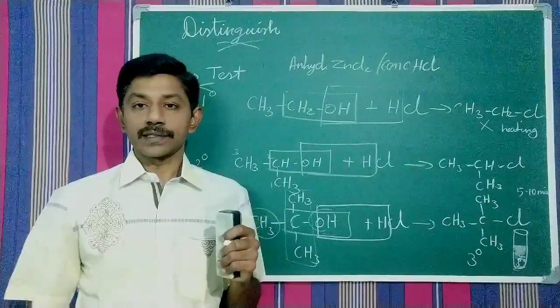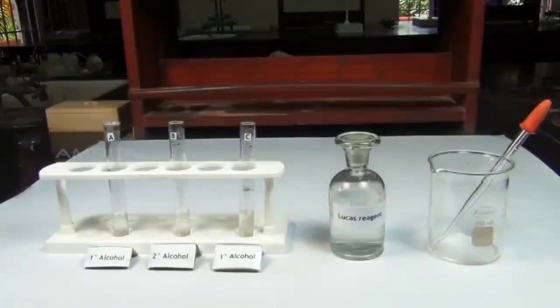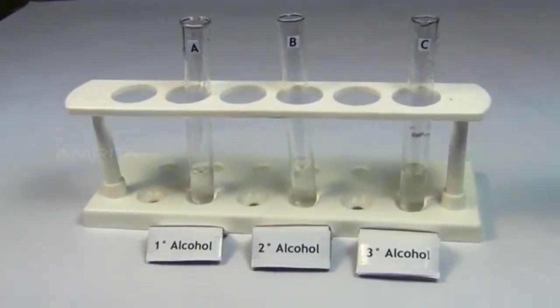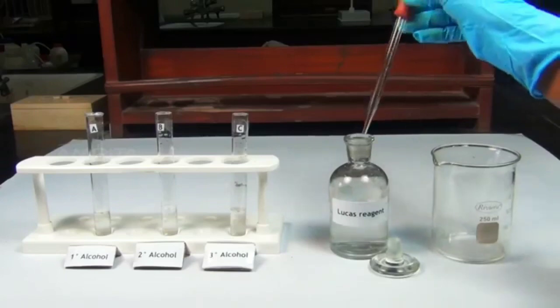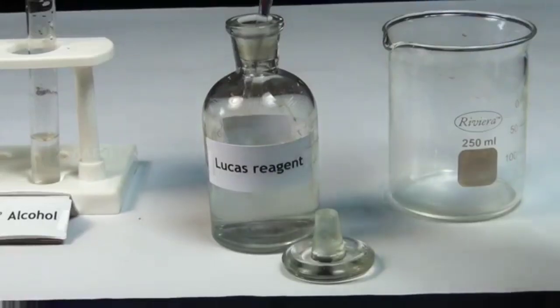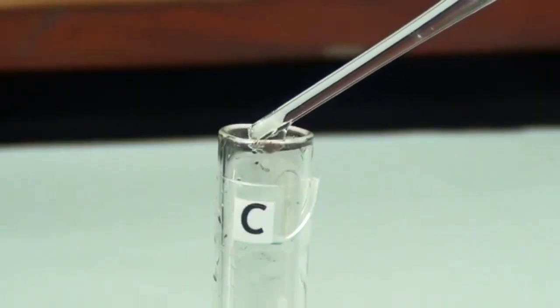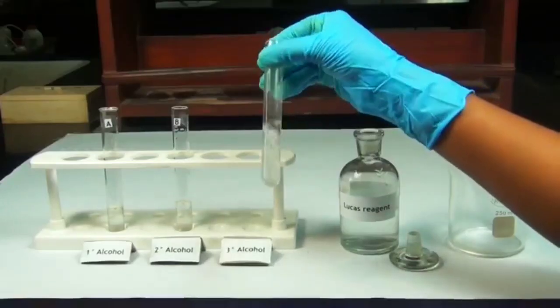This is the Lucas test. Take a quantity of primary, secondary and tertiary alcohol in 3 different test tubes labeled A, B and C. Using a dropper, add a small quantity of Lucas reagent to the tertiary alcohol taken in test tube C. Shake the test tube well.